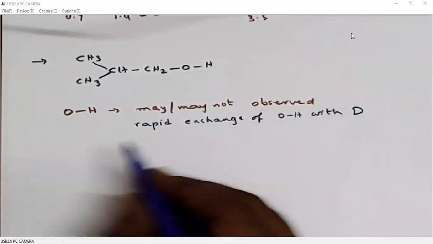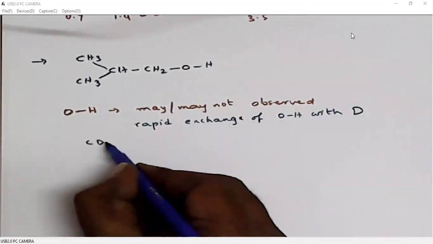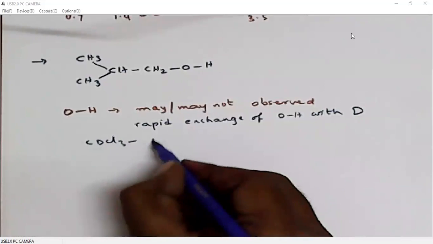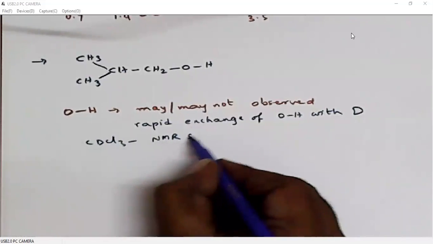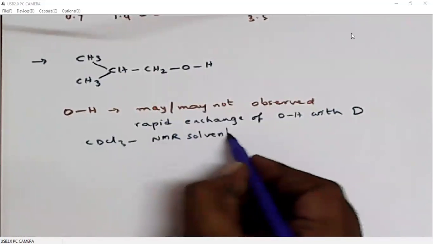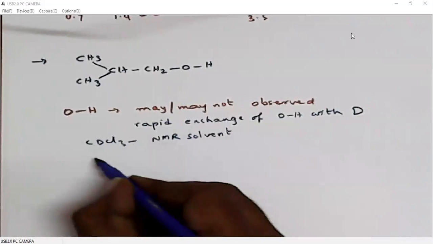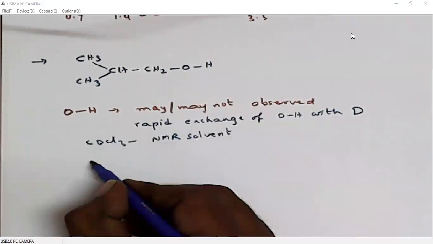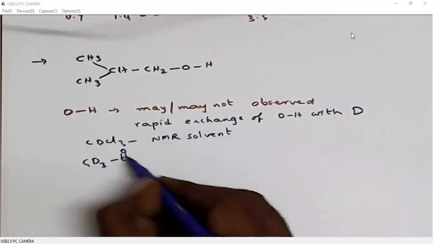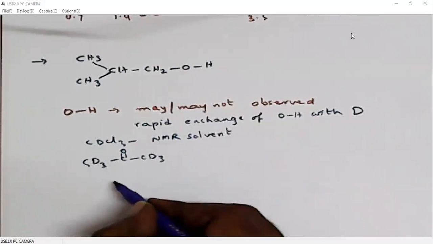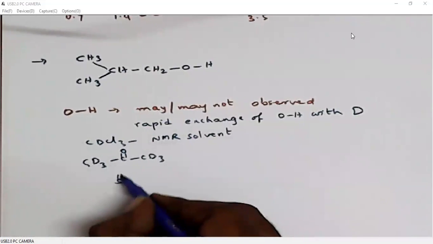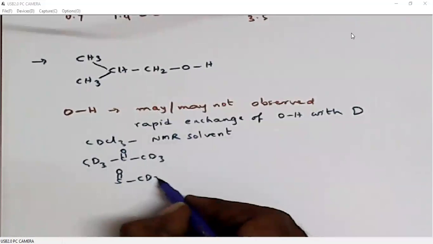We generally use deuterated chloroform as the NMR solvent. We use a deuterated solvent, either deuterated acetone, CD3COCD3, or deuterated DMSO, dimethyl sulfoxide.